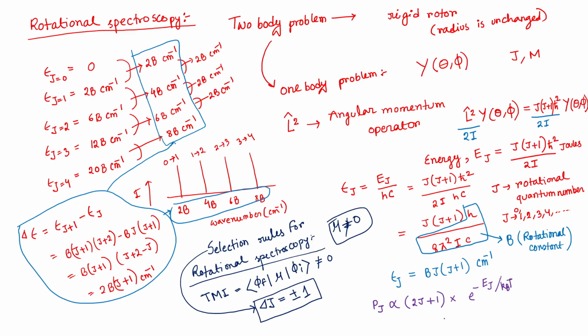When one differentiates this, you will see that J max is going to be root over kBT by 2 times the rotational constant, 2hcB, minus half. You are going to get this.